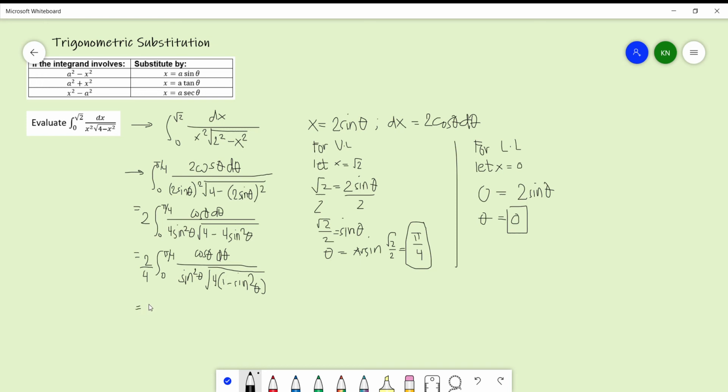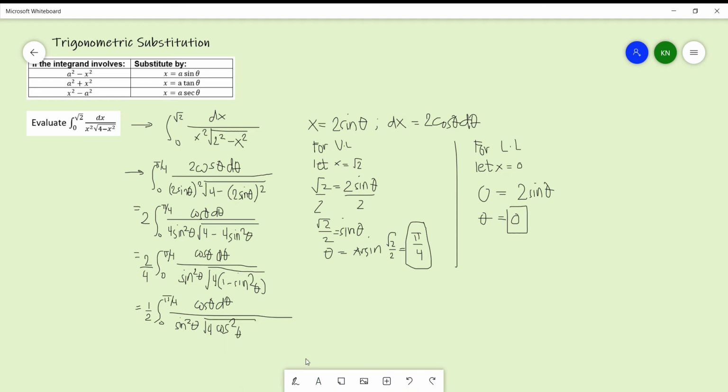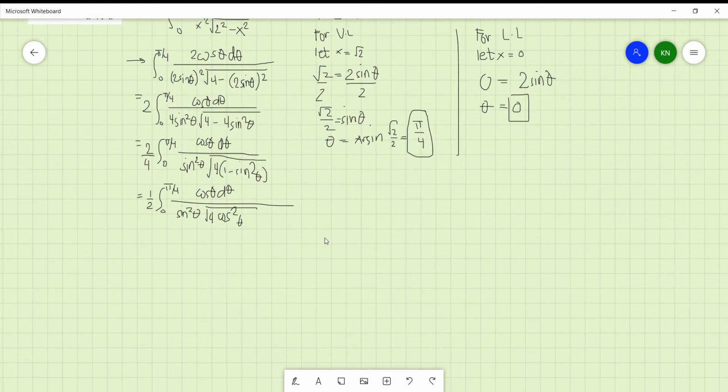So meaning to say, we have 1/2 here, from 0 to pi over 4, and then the cosine theta d theta, and then we have the sine squared theta, and then this will be changed again to cosine squared theta. And then afterwards, we'll just move this.